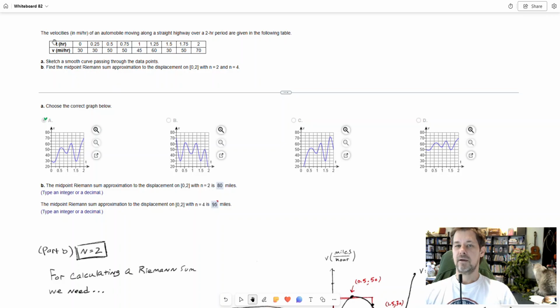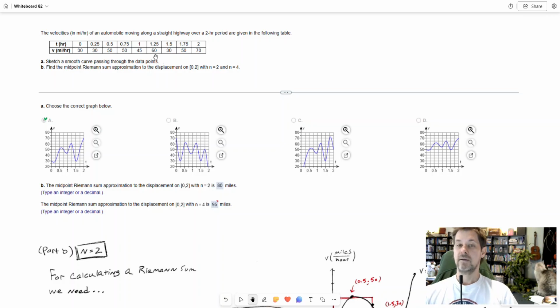I say that I have partial information about a function because there's a car moving, and all this table tells me is that at various times I know the speed or velocity in miles per hour. So at the 0.5 hour mark, at that instant, this object is moving 50 miles an hour. That's the kind of information we see in this table. I say this is partial information because sometimes we have a formula for a function where I can give you any time, pick any number in the domain of that function, plug it in the formula, and get, say, the velocity in miles per hour back.